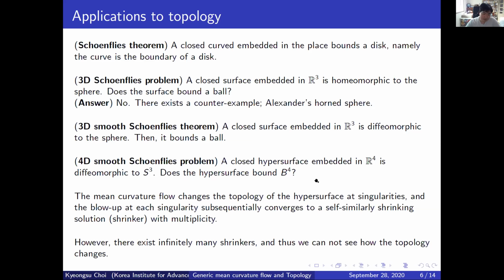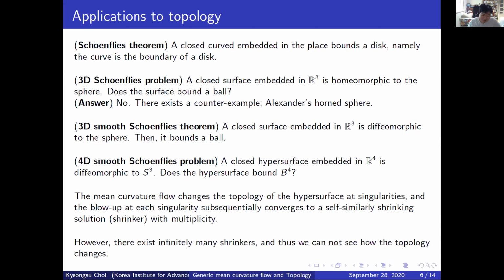So maybe we can add some extra conditions. The goal is to prove the Schoenflies problem, but maybe we can add conditions like mean convexity, positive mean curvature, or some entropy bound.